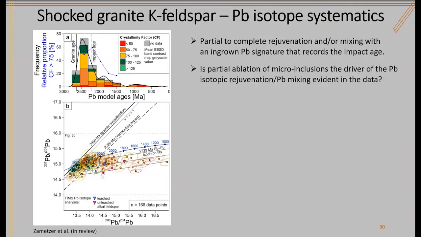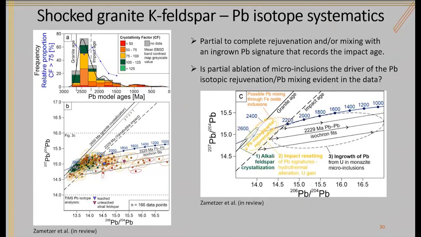And a question that is brought up is partial ablation of these micro-inclusions that we imaged, for example, the tiny little monazites that would be expected to contain some thorium and maybe uranium. Is that the driver of the isotopic rejuvenation or lead mixing that is evident in the data? Based on the evidence that we've got, that's very likely.